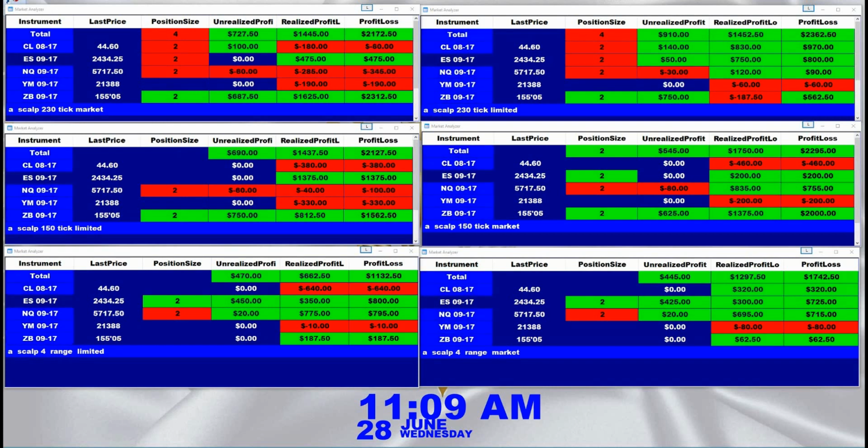What I'm trying to show is that you can do the market order, or you can do the limited order. I strongly advise, if you are conservative, to take a limited order.